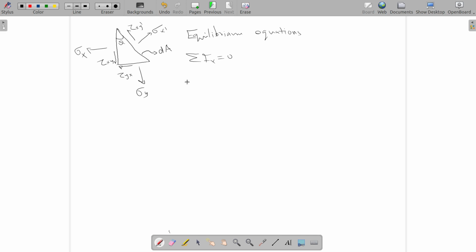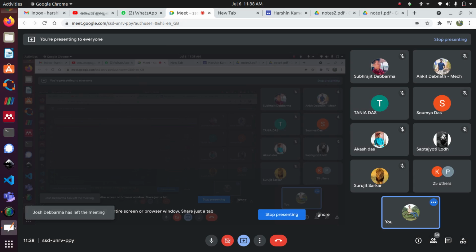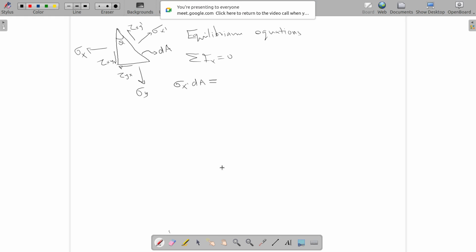So in that case, the force due to sigma x dash will be sigma x dash into dA. That is equal to, now let's consider all components in the horizontal direction.